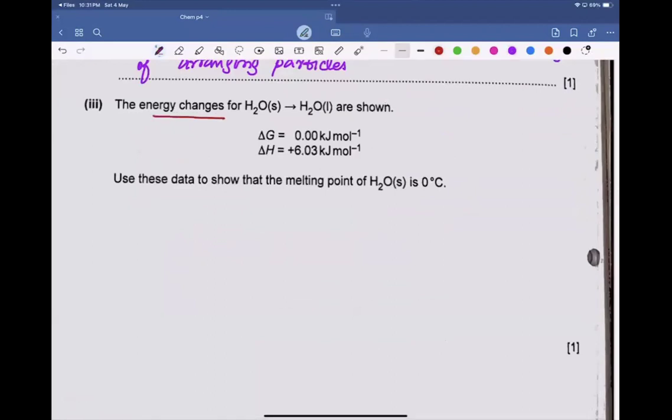The energy changes for solid to liquid water are shown. Okay, it's a Gibbs free energy and an enthalpy change. Use the data to show that the melting point of water is 0 degrees Celsius. Okay.